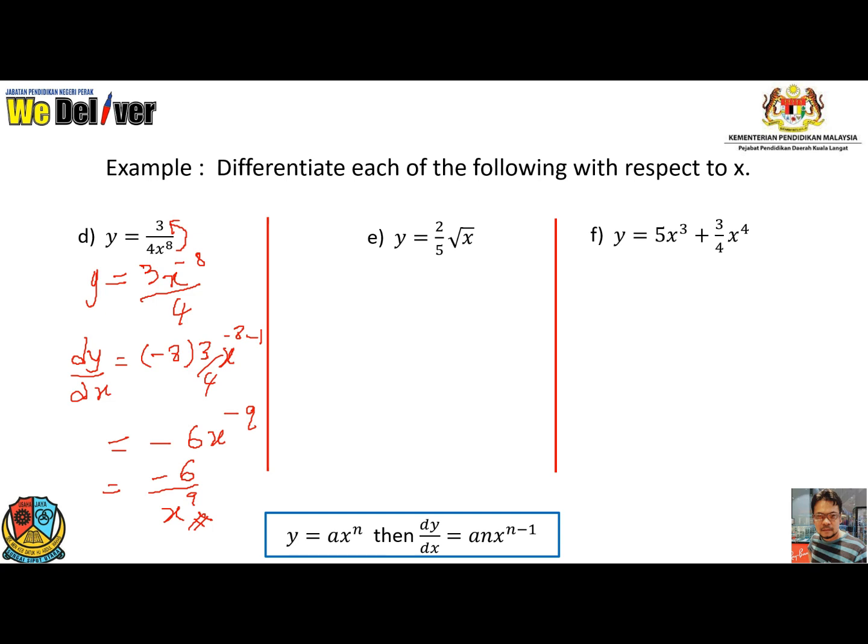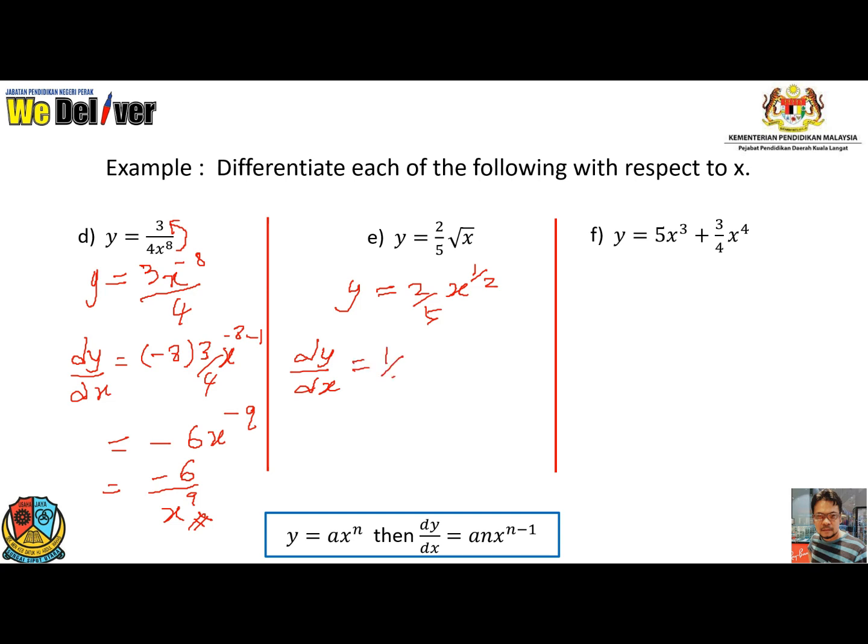Okay, for example E, we are given y equals 2 over 5 times square root x. Actually, square root x is x to the power of 1 over 2. Find dy dx by using the same formula.